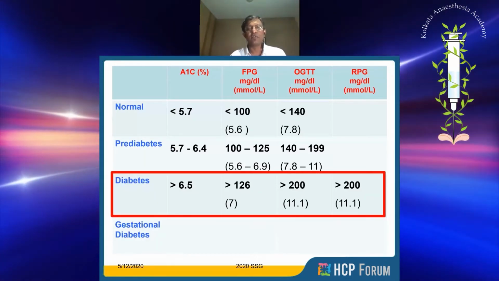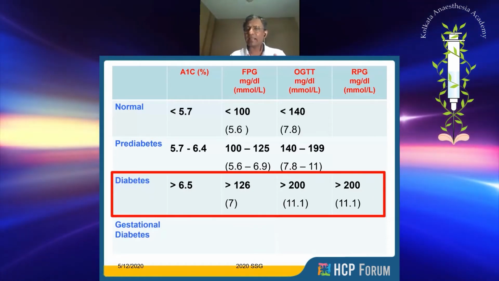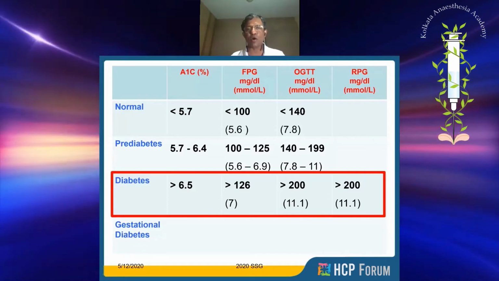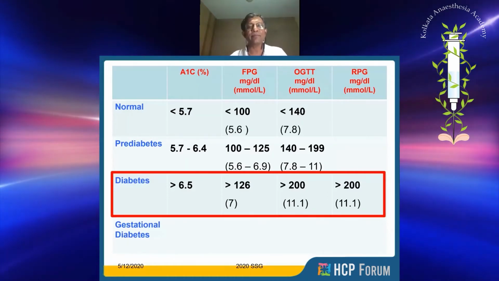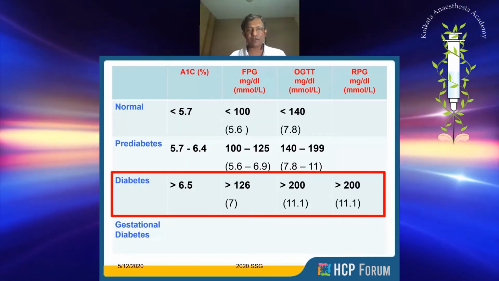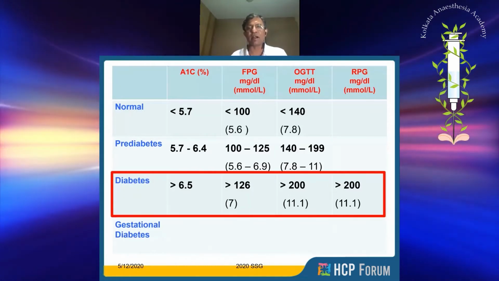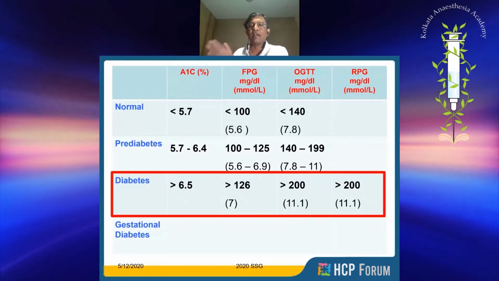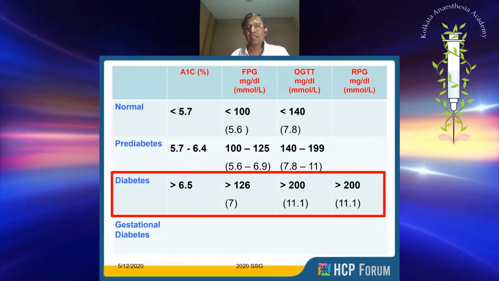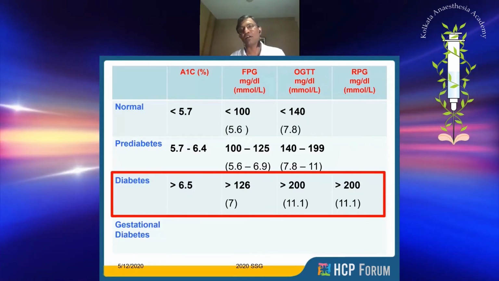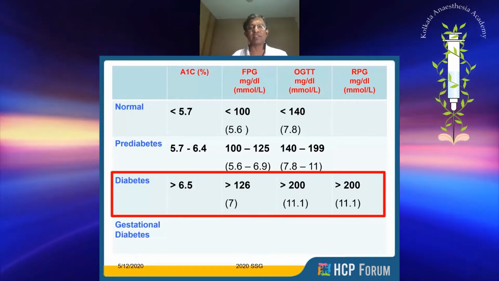So if you want to label somebody as diabetes, this is now getting similar to what even Harrison says, right? Yes, sir. A glycosylated above 6.5, a fasting sugar which is above 126 milligram per DL, or 7 millimoles per liter, or an oral glucose tolerance test, or a random sugar which is above 200.